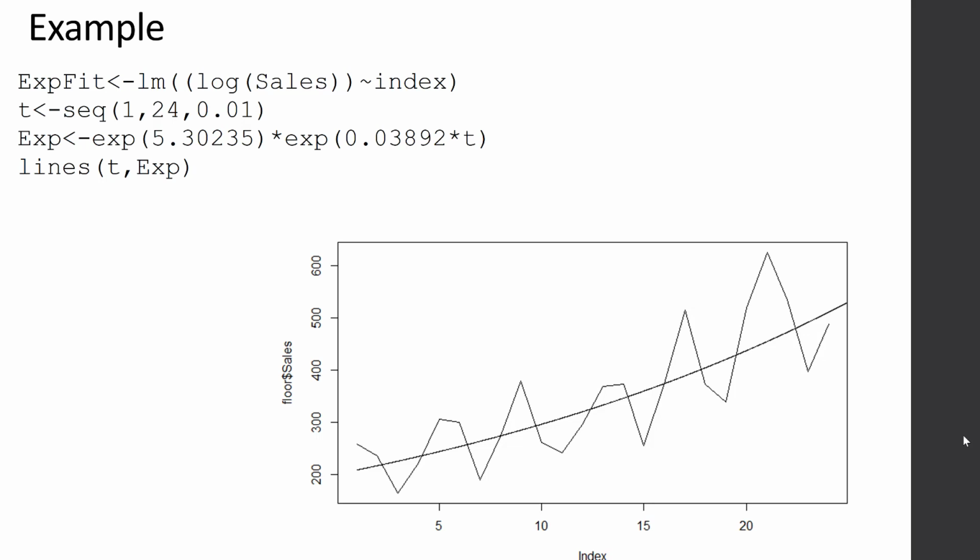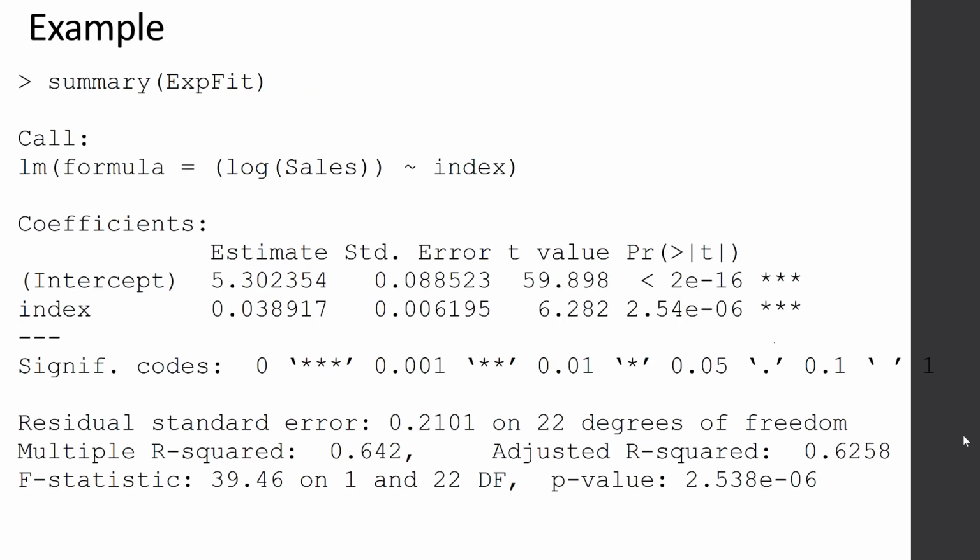So let's take a look at this one. I called this one exp fit, and that's the lm function again, but instead of just putting sales as my y, I did log sales as my y. That's the natural log of sales on the index. And then to fit my line onto the picture, the ab line doesn't work here. So I just created a t sequence from 1 to 24 by 0.01. And then I actually took the output from fitting the model here.